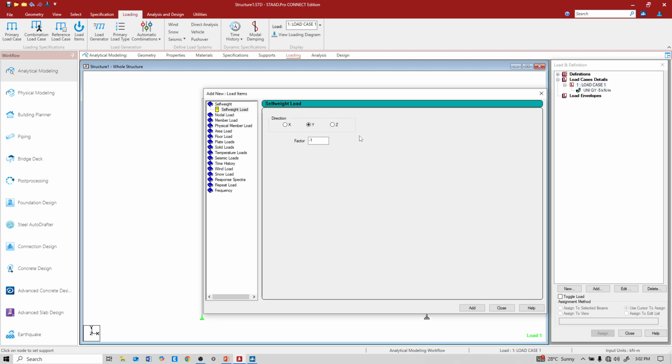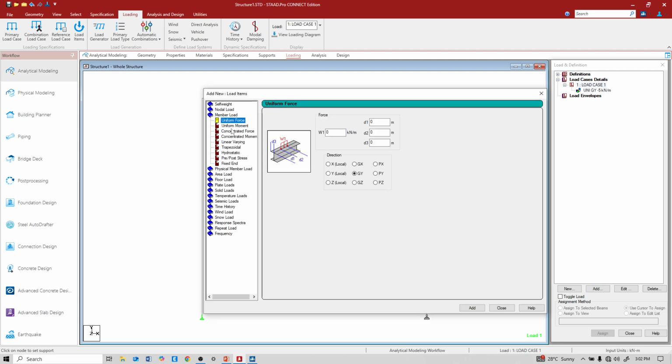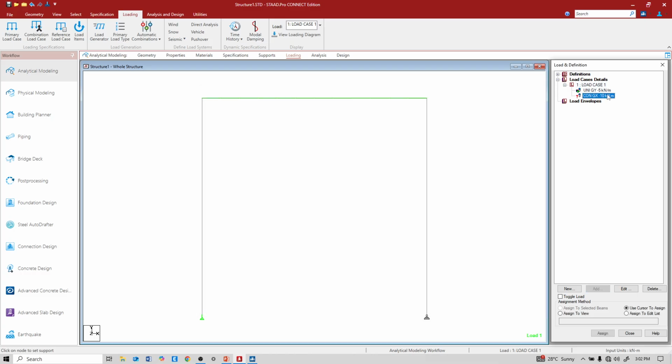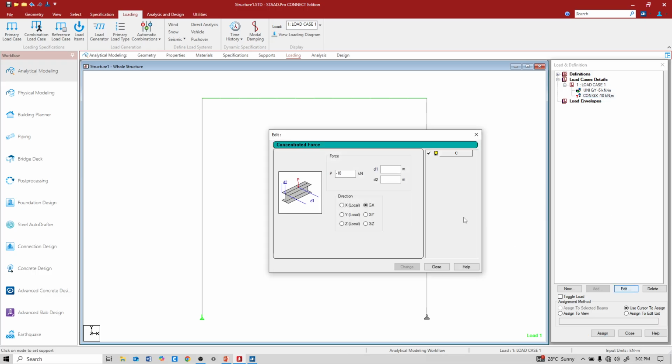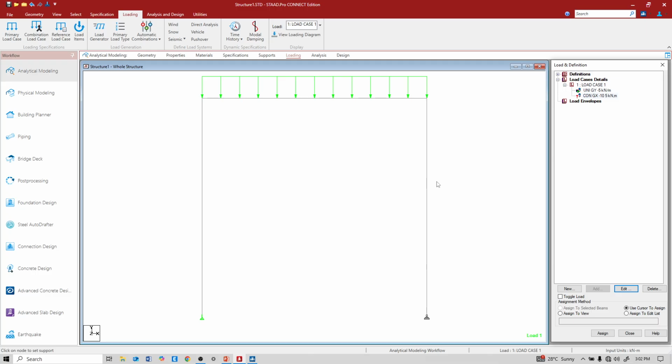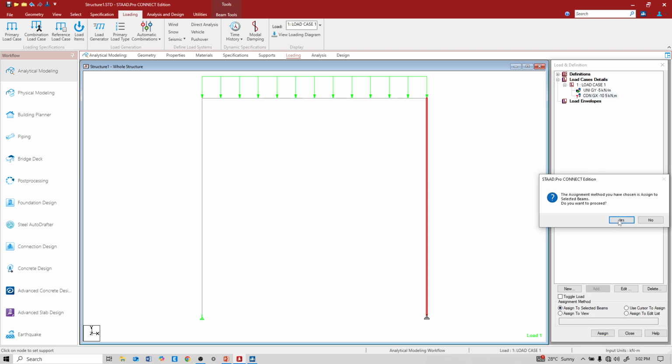Add concentrated 10 kilonewton load also. For that GX and it is minus direction GX. Add close. Add select and location is 5 meter away from that roller support, hinge support, sorry. Assign to selected view. Assign. Yes.